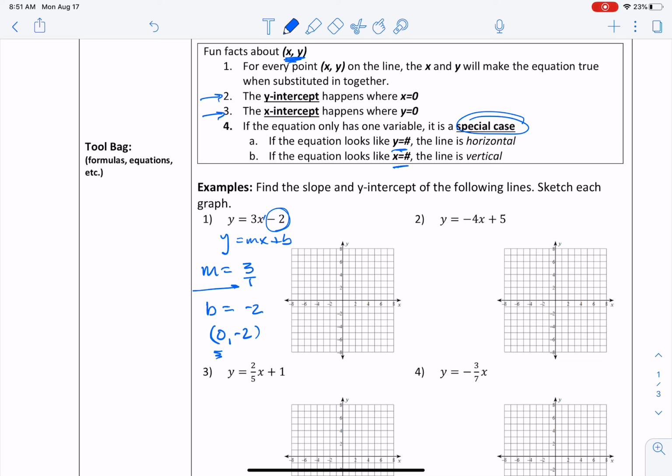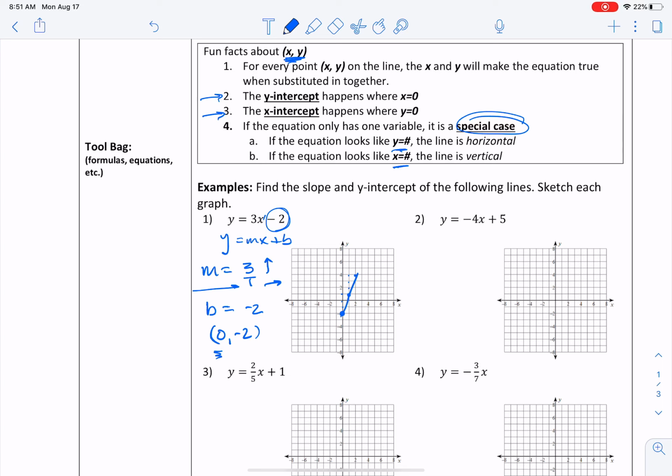And then we graph the line. So the y-intercept is 0, -2, over 0, down 2. And then we just go up 3 and right 1. 1, 2, 3, 1. 1, 2, 3, 1.